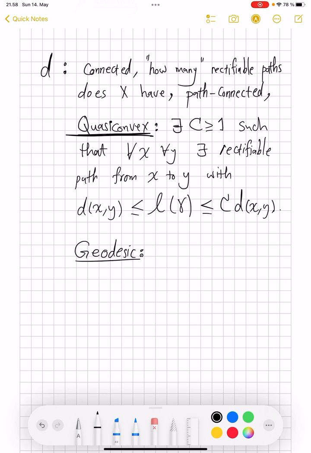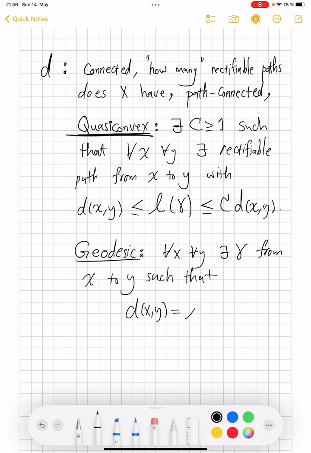This would mean that for every x and for every y, there exists some path gamma from x to y such that the distance of x and y is exactly equal to the length of gamma. So convex subsets of Euclidean spaces have this property.